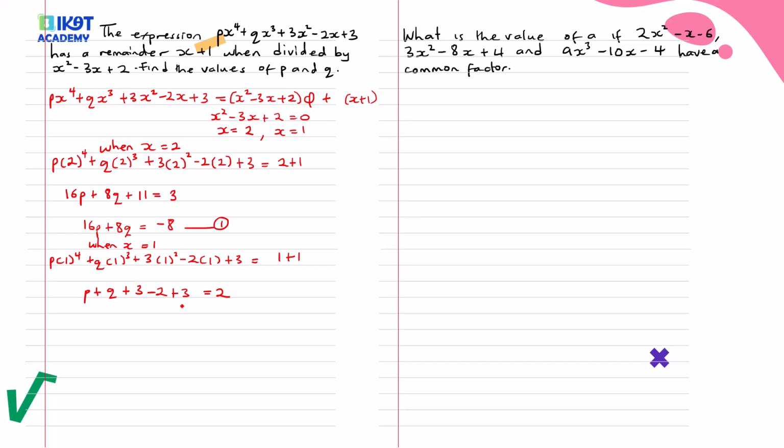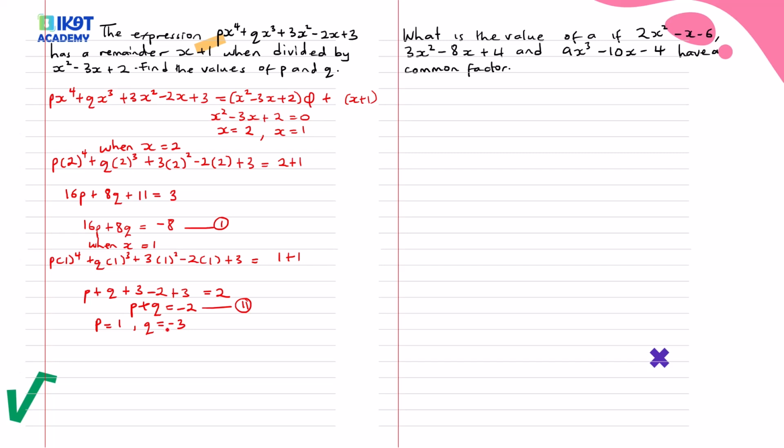So our final equation will be p plus q is equal to negative 2. So this is our equation 2. So we solve equation 1 and equation 2 simultaneously. Our answers will be p is 1 and q is negative 3. So you can use any method to solve the simultaneous equations.